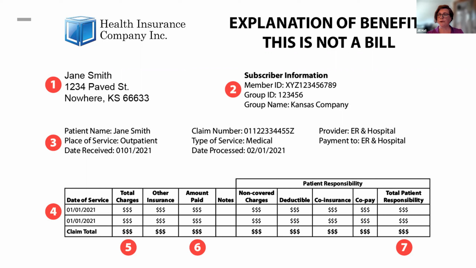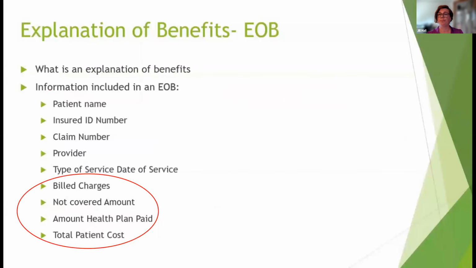But EOBs are very important, and they should be reviewed, because the EOB is giving you notice that your health plan has received one or more insurance claims, and it details your health carrier's coverage decision about your benefits.